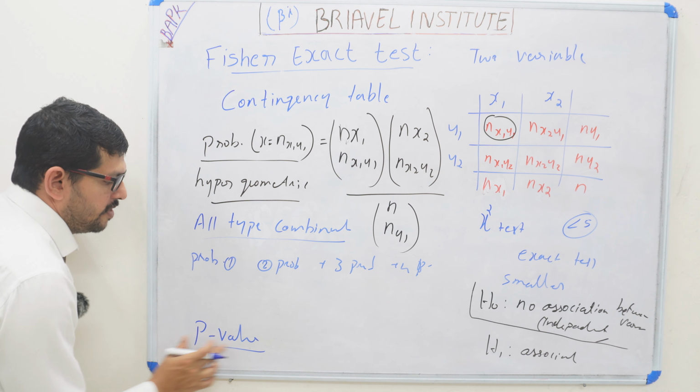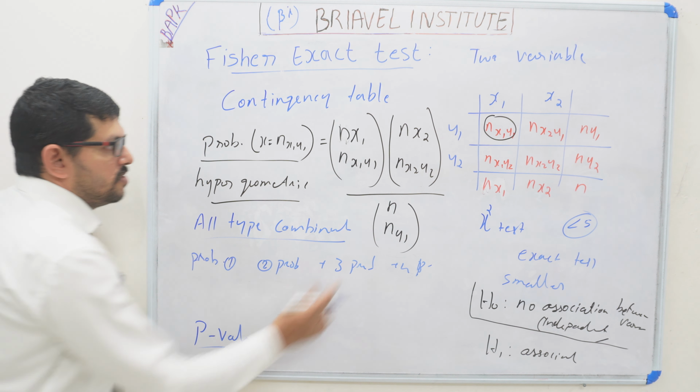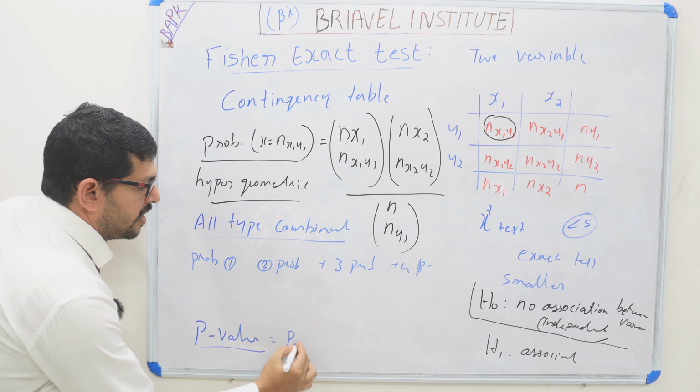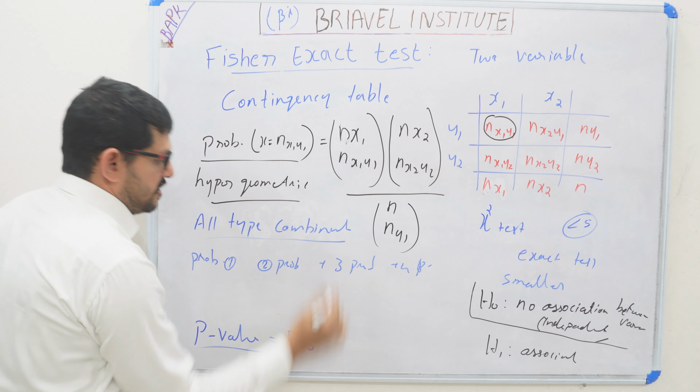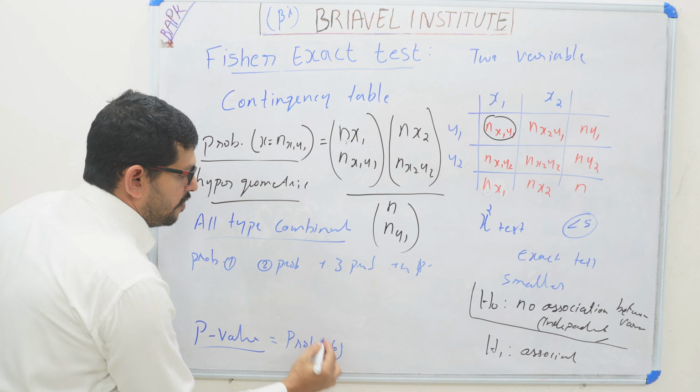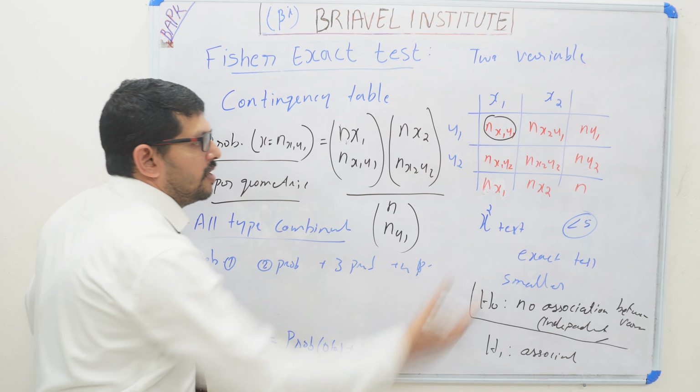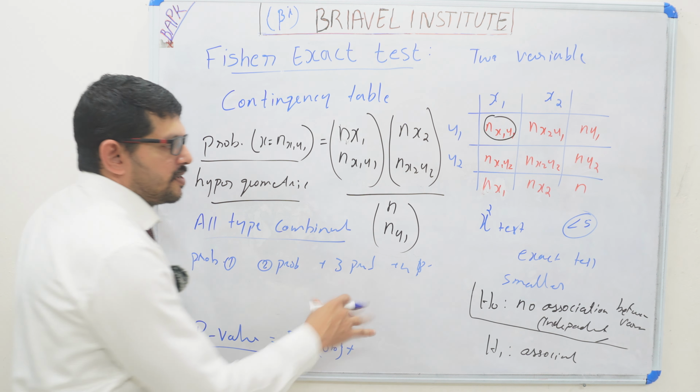After that we find the p value. The p value is equal to the probability of this observed value, plus some extreme cases, some extreme probabilities.